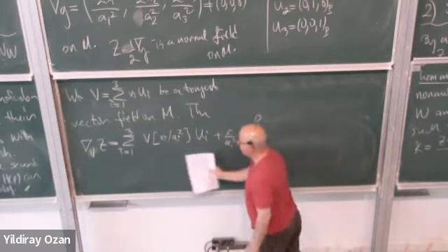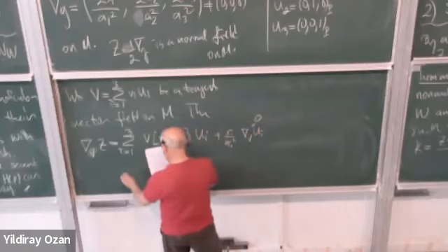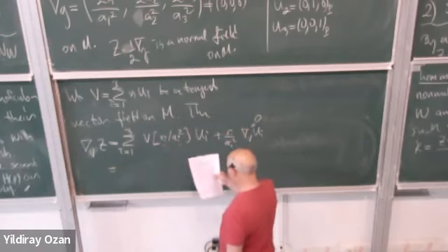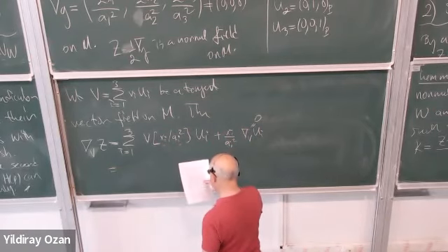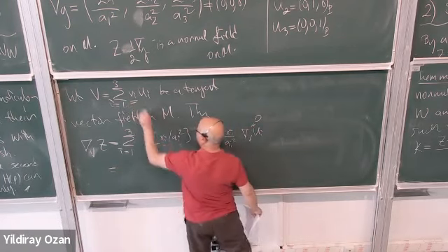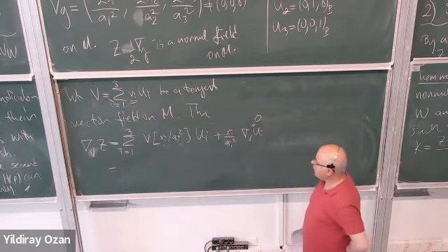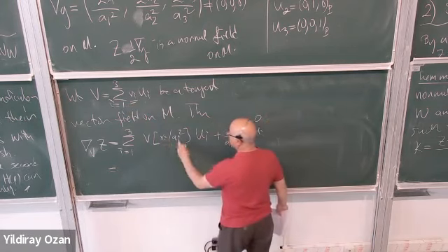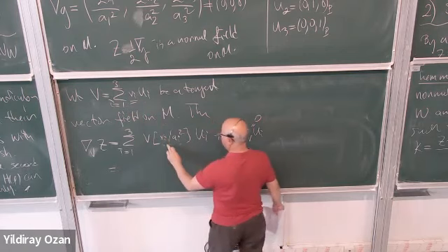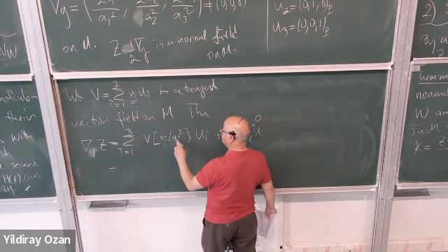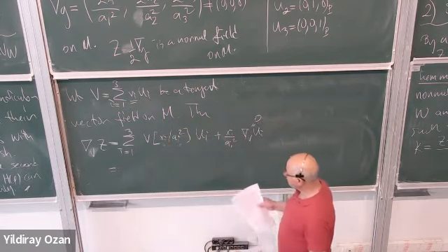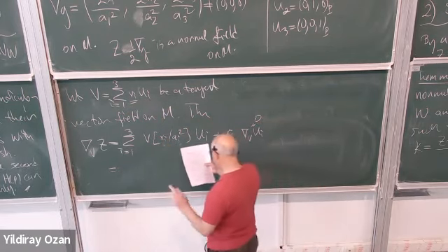Therefore I have only this term. And what is this? V computed on this vector, and V is just Vi times Ui. So I'll just take the derivative with respect to the first coordinate, second coordinate, third coordinate.